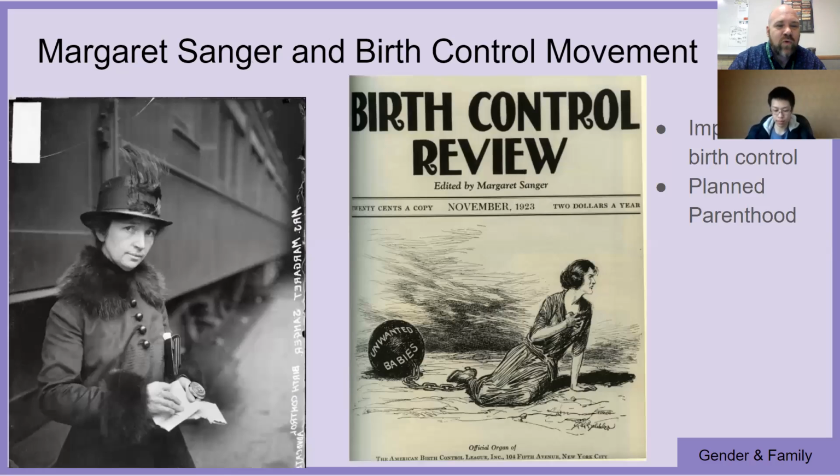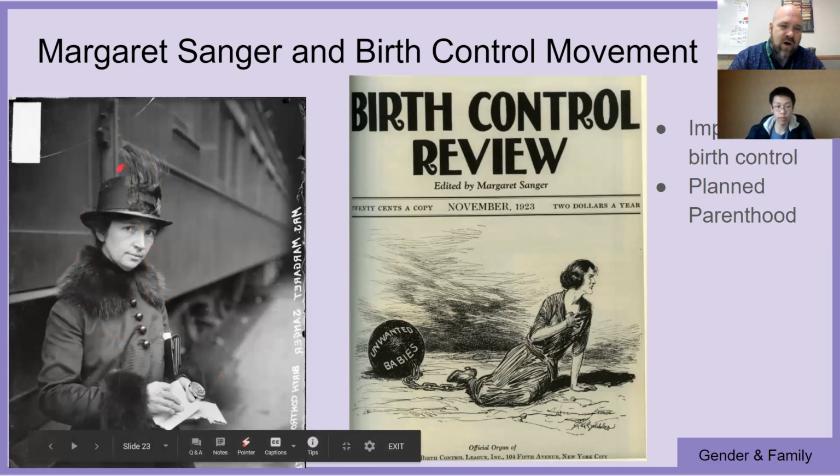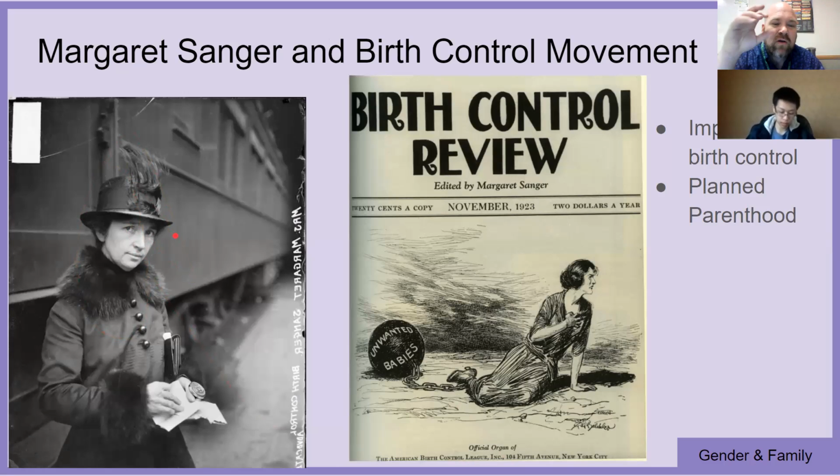The other big change for women is the birth control movement. The birth control movement gets started in the 1920s by Margaret Sanger. Sanger makes an argument that women can never, ever be equal until they solve the problem of sex. I can make women politically equal. I can make them economically equal. I can make them socially equal.